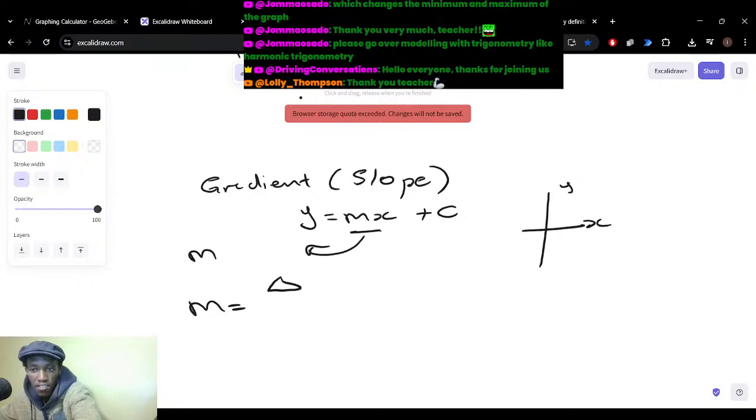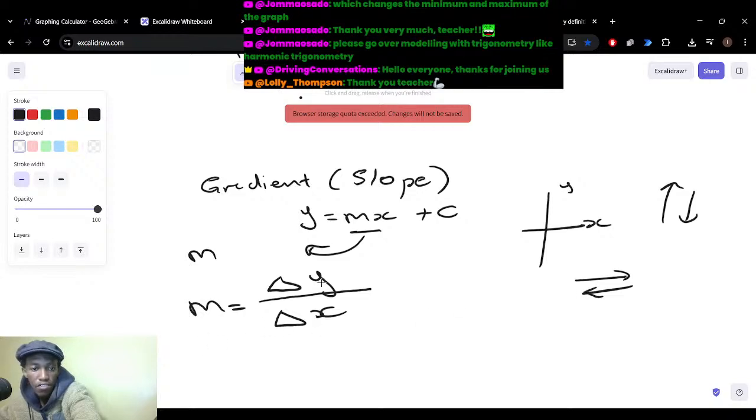A height is either up or down. So it's the change in y, divided by the change in horizontal displacement or distance. Right? It's change in y over change in x, so that is our gradient.